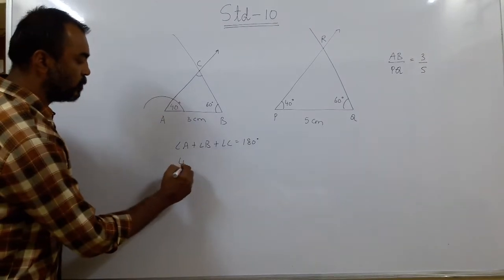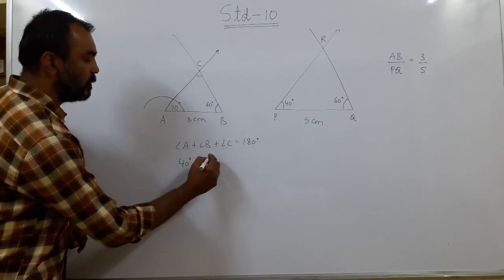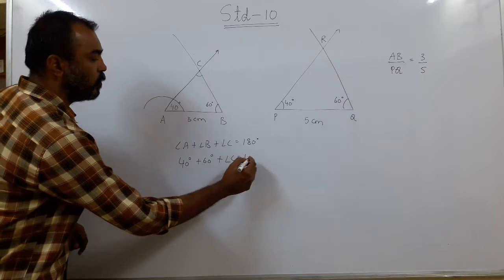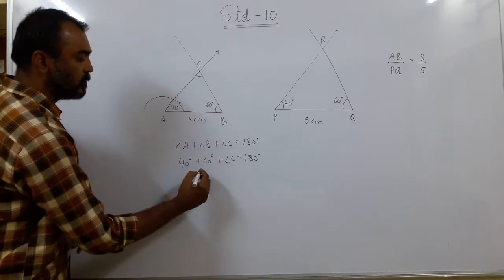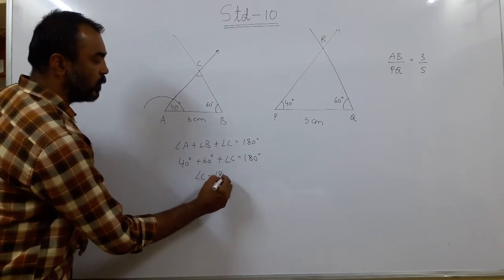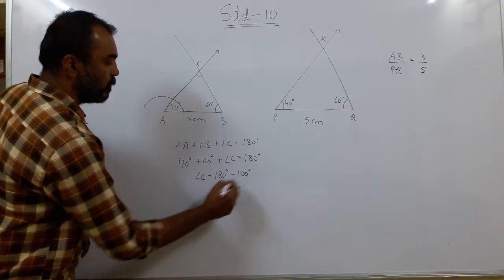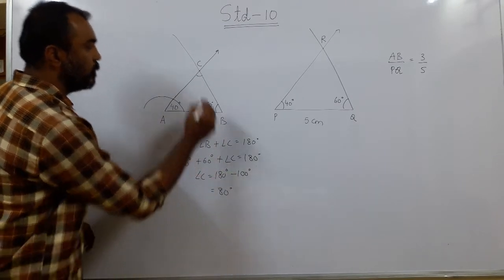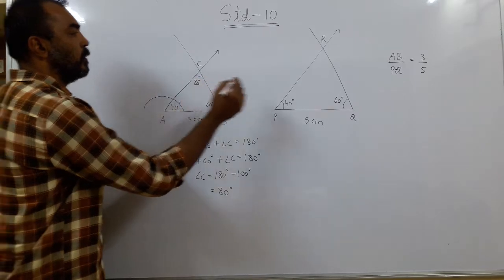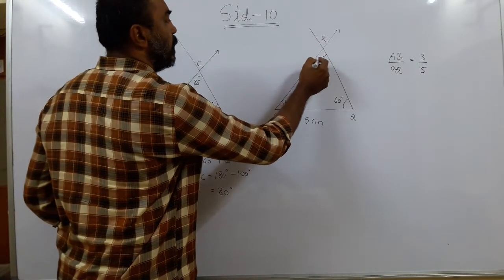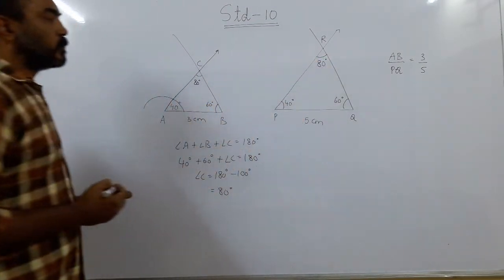Angle A is 40, angle B is 60, angle C we don't know, 180 degree, this is 100. So angle C is 180 minus 100 equal to 80 degree. This you got 80 degree. Similarly, this also will be 80 degrees by the same principle.